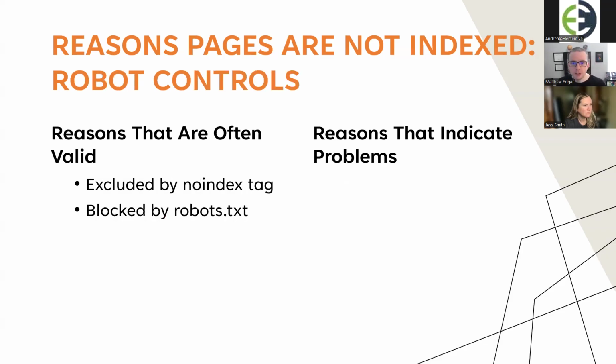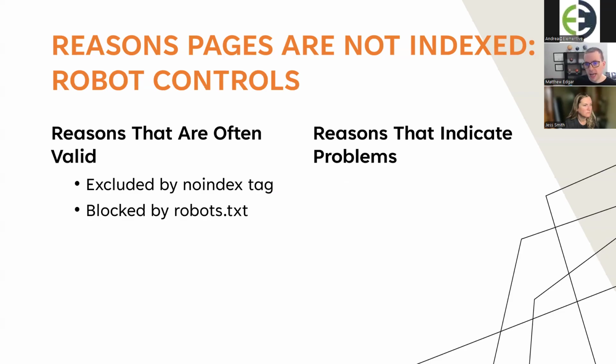Another reason that pages are not indexed has to do with robot control settings. These are almost always valid. There's usually no problem here that you need to fix. So there's two of these that you'll see in the Search Console page indexing report. The first is excluded by the no index tag, and the second is blocked by robots.txt.